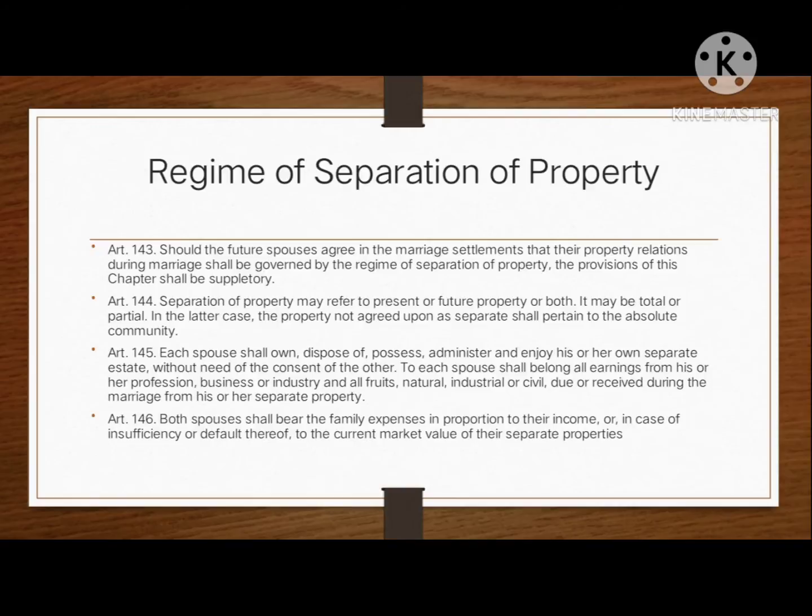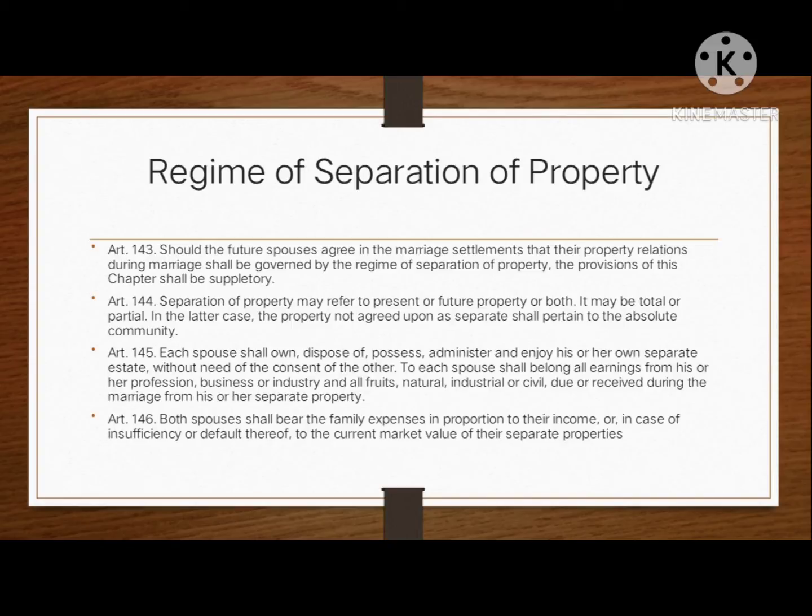Next, we have the regime of separation of property. Should the future spouses agree in the marriage settlement that their property relations during marriage shall be governed by the regime of separation of property, the provisions of this chapter shall be suppletory.